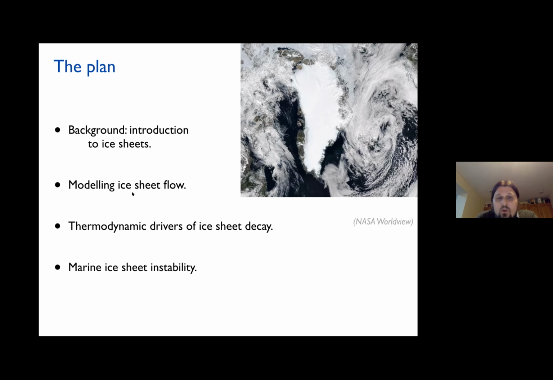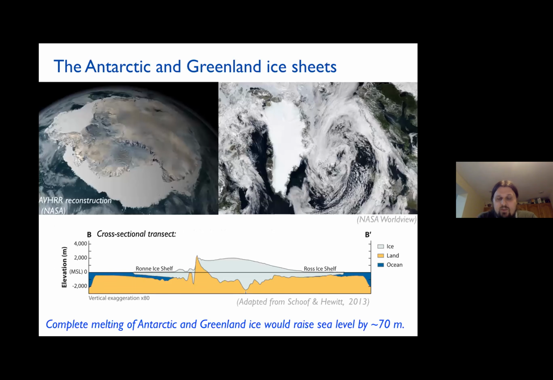Okay. So we're going to start off by thinking about the Greenland and Antarctic ice sheets. On the left here is this reconstruction again of the Antarctic ice sheet. On the right is actually a visual color image from the NASA MODIS sensor and satellite data set. If you go to NASA Worldview, you can see these beautiful images when there's no cloud.